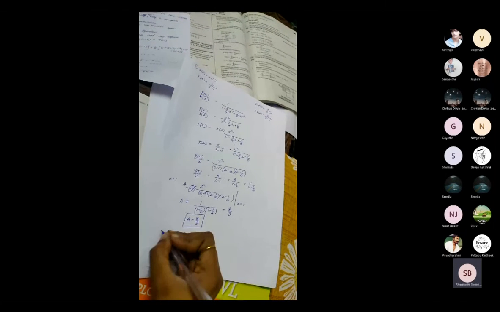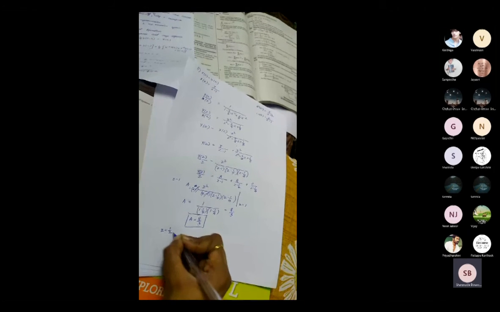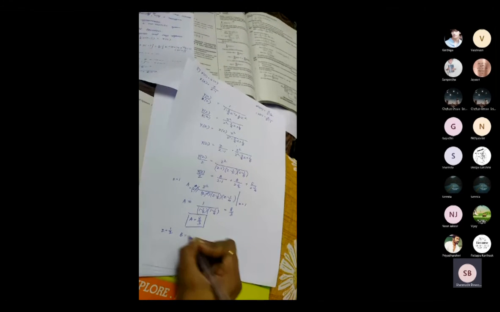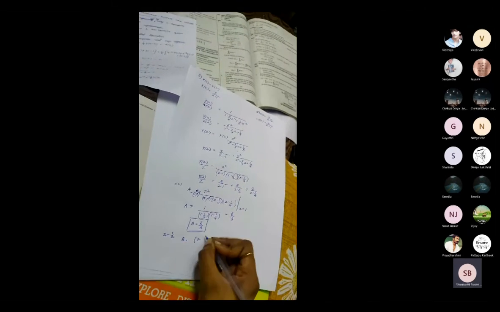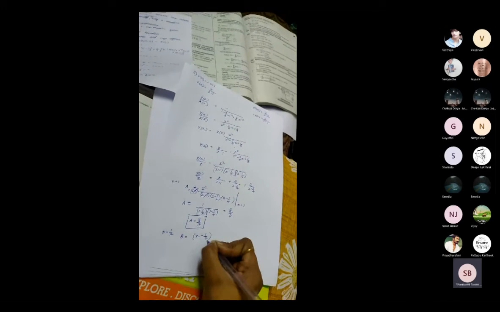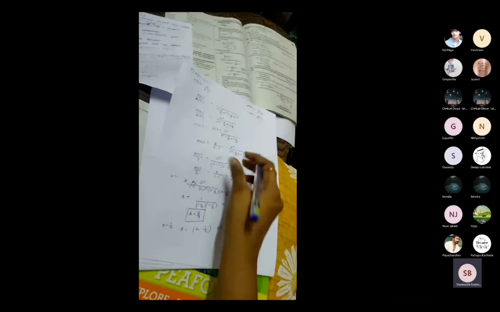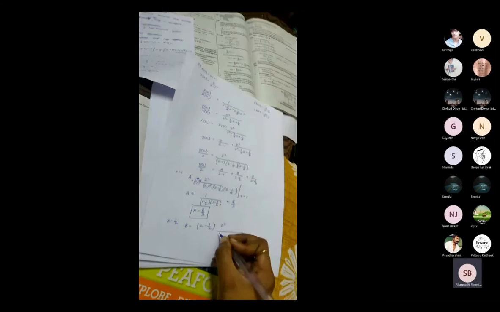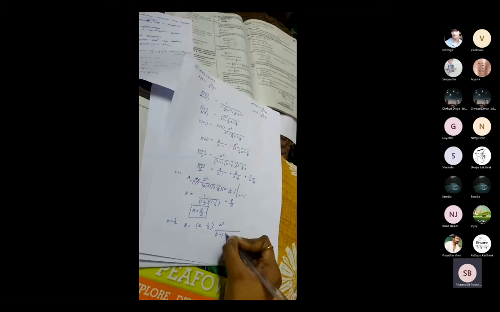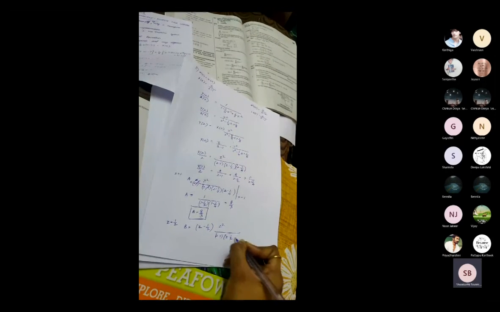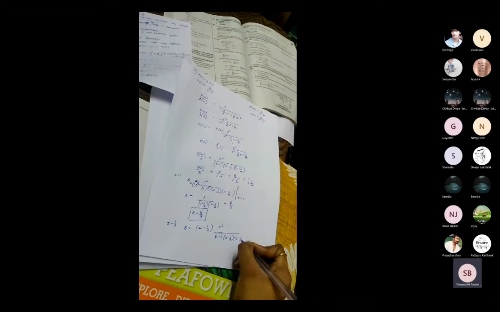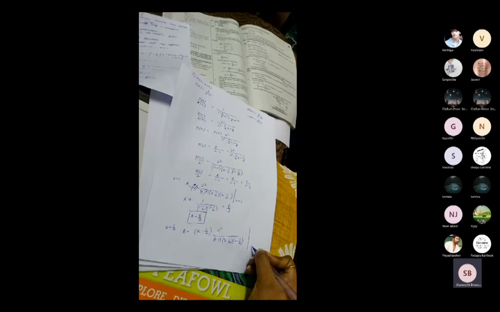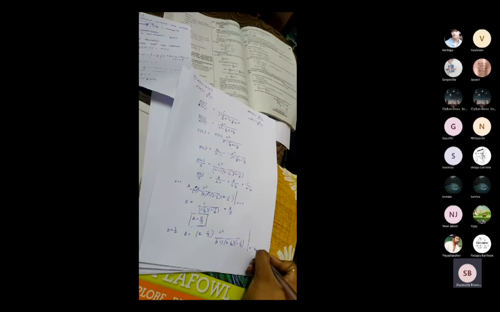Same way, find out B. To find out B, I am going to consider z equal to 1 by 2. So B will be equal to the residue of this, which is z minus 1 by 2 into z square divided by z minus 1 into z minus 1 by 2 into z minus 1 by 4, having the pole value z equal to 1 by 2.